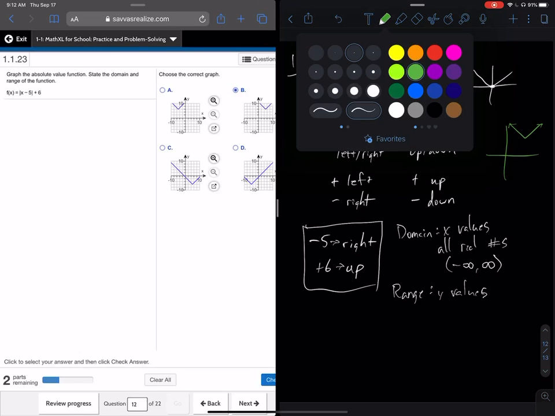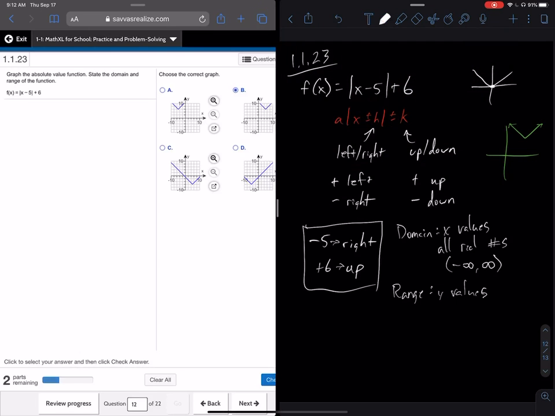My y values, though, keep going up, but there's a minimum. That minimum is 6, because our graph went up 6 units. So the lowest my y value can be is 6. So my minimum would be 6.